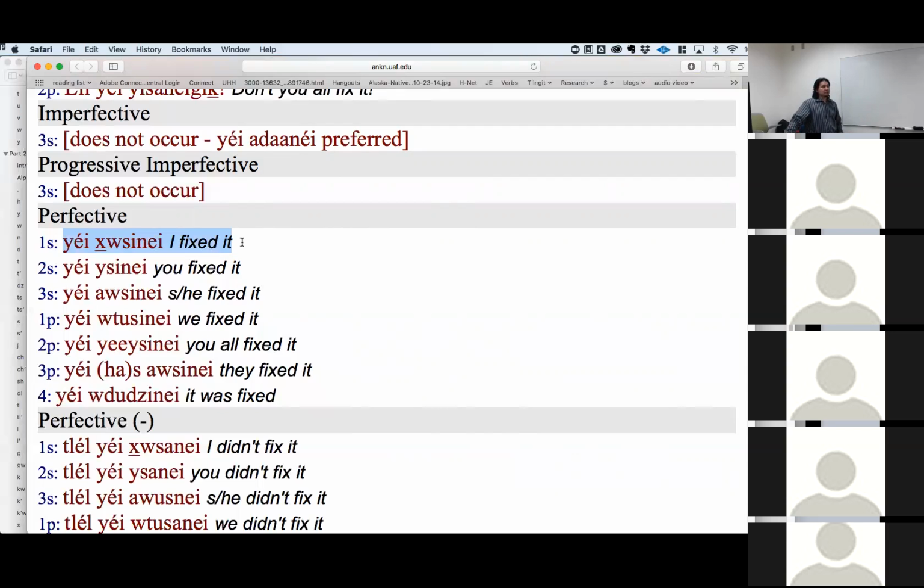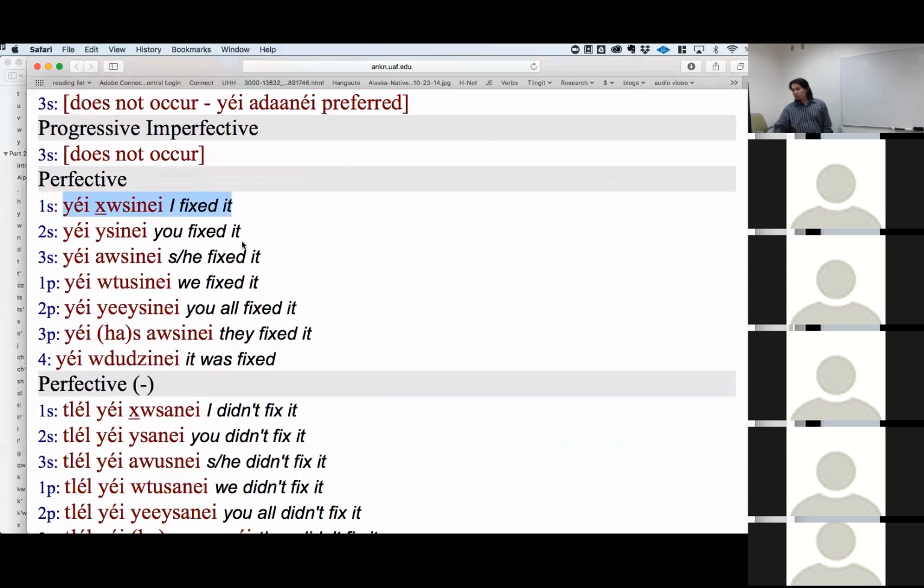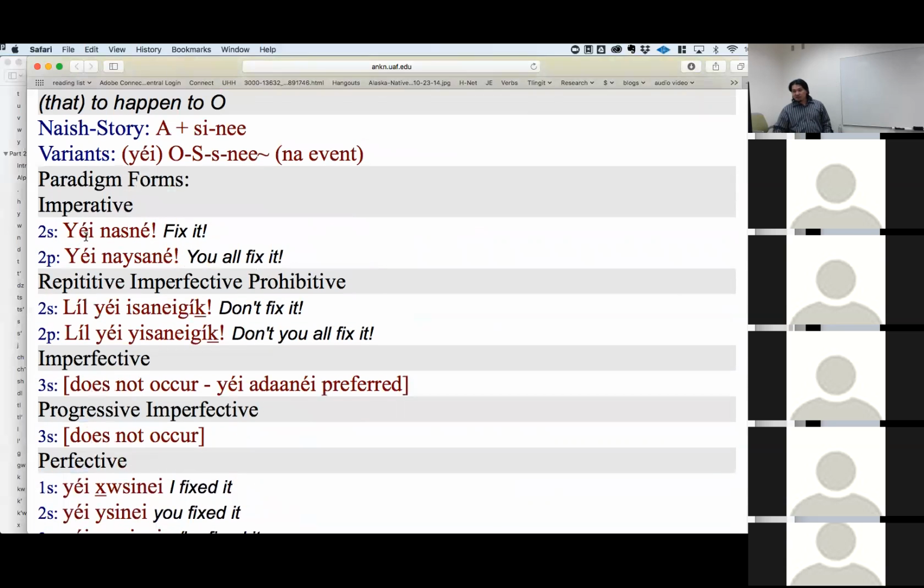Or I could say, atqishi ye khwasane. I'm gonna make dry fish. And so this one, it's just a doing verb. And then there's two kind of ones. This one generally refers to sort of fixing something or getting something ready. And you could put yun in front of it as well.